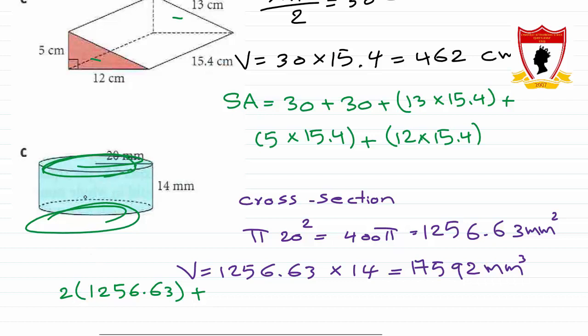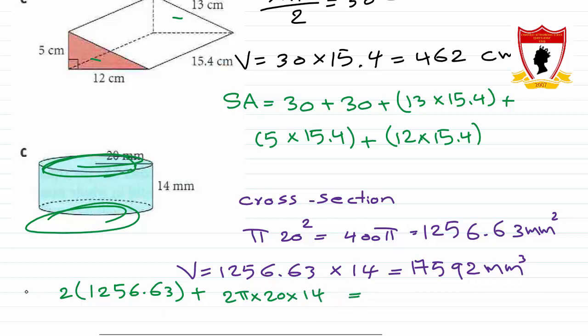The area of this face between the two circles is like this: 2 pi times the area of this curvy face is 2 pi times 20, 2 pi r, 2 pi 20 times 14.